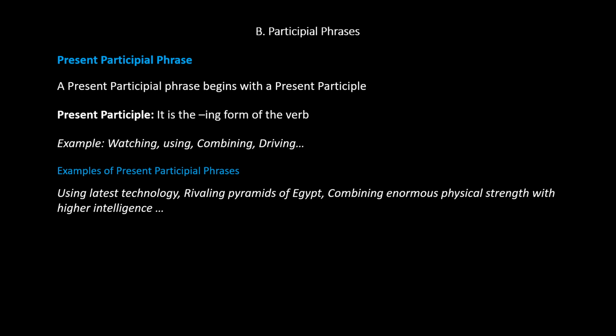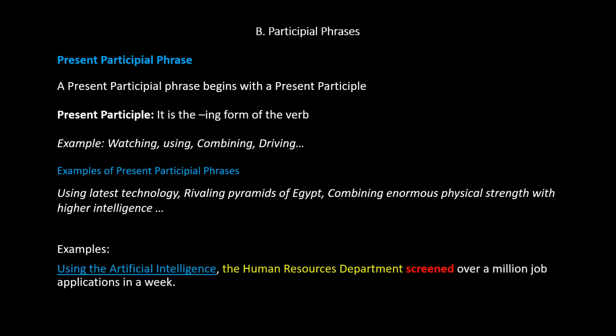Using the artificial intelligence, the Human Resources Department screened over 1 million job applications in a week. In this sentence, the participial phrase using the artificial intelligence is the modifier. It modifies the subject, the Human Resources Department, and the verb is screened.